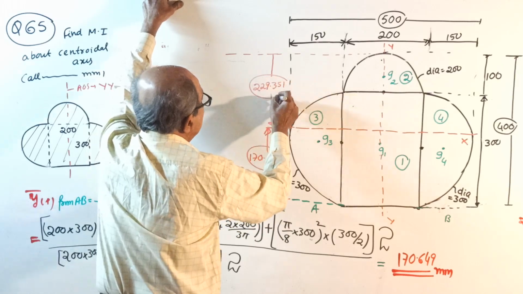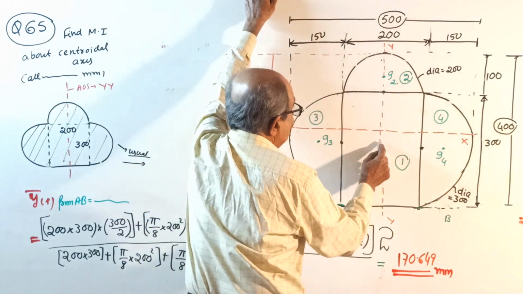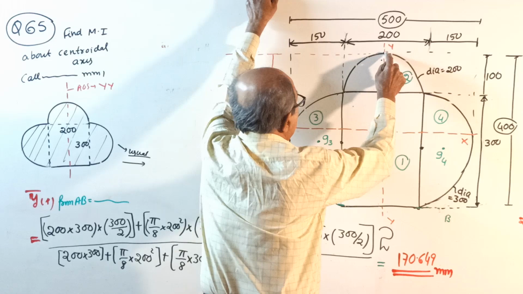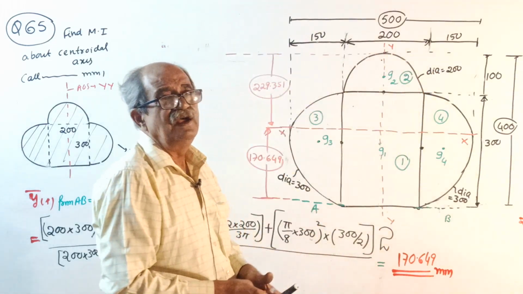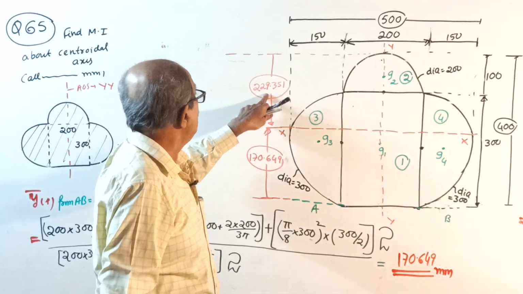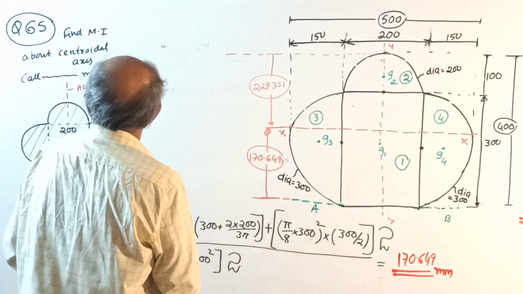Or you can do one thing: find Y bar from top. A1 Y1, A2 Y2, A3 Y3, A4 Y4 by area. You will get 229.351. Okay, now it is ready for moment of inertia.